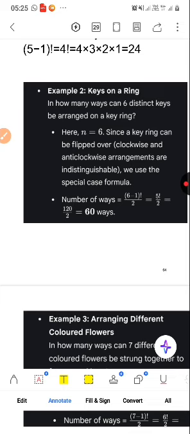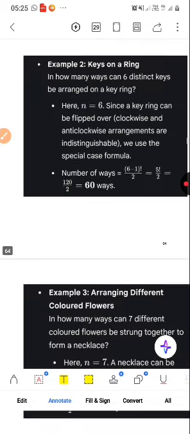But when it comes to keys on a ring or beads on a string, anytime clockwise rotation is made, you realize that the same permutation is made. And whenever counterclockwise rotation is made, the same permutation is also made. So in any of these instances, you divide by 2.